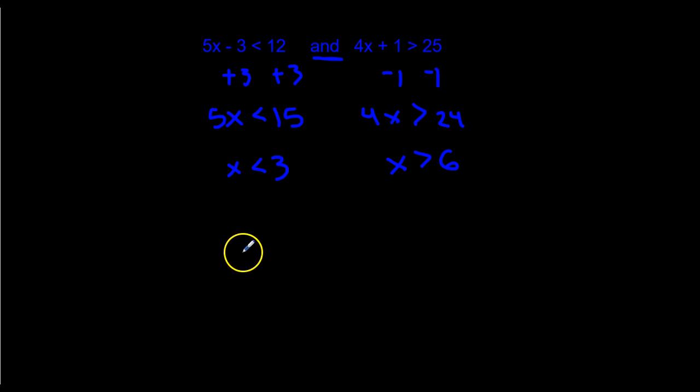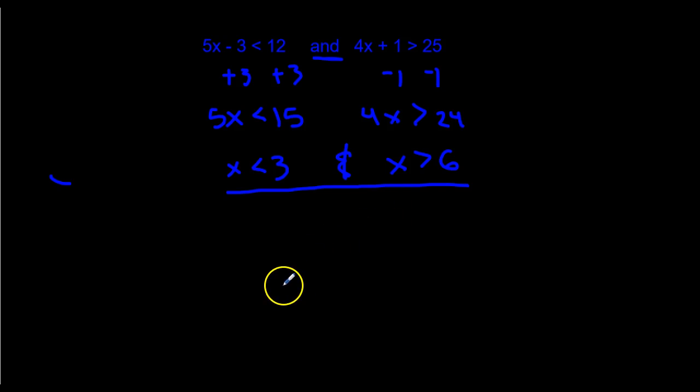Now, if somebody said this to you, say you were playing a guessing game, and they said, I'm thinking of a number, and this number is less than 3, and it's greater than 6.